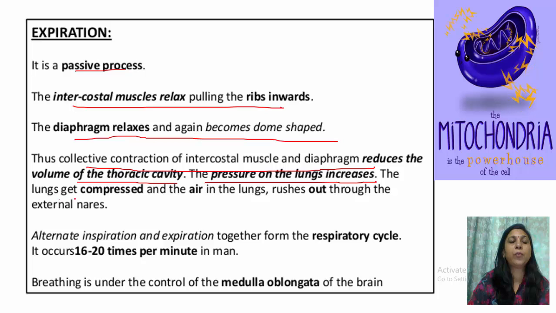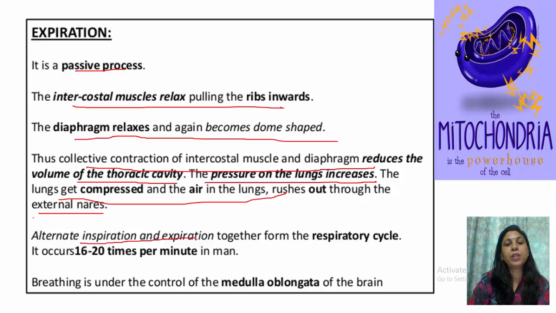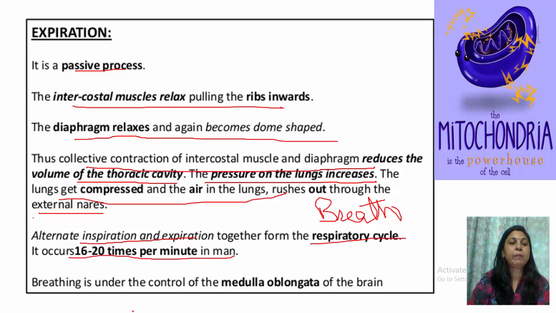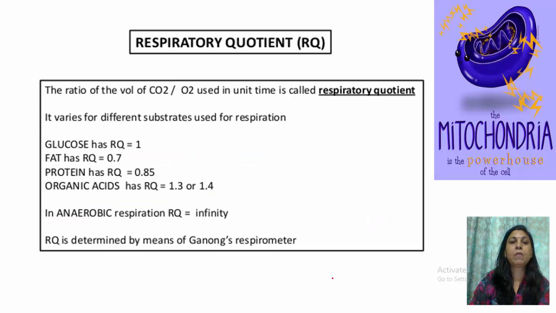The lungs get compressed and the air in the lungs rushes out through the external nares. Alternate inspiration and expiration together form a respiratory cycle, or you can say one breath. It occurs 16 to 20 times per minute in men. Breathing is under the control of the medulla oblongata of the brain.